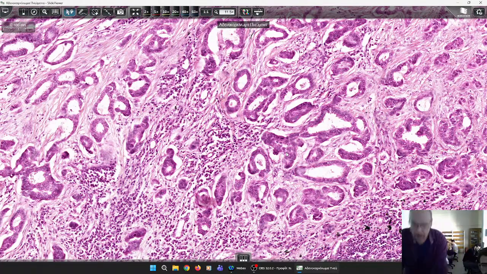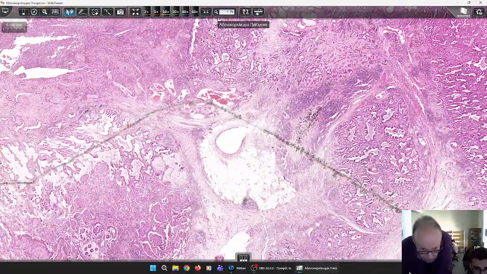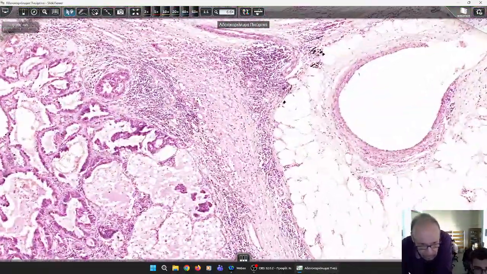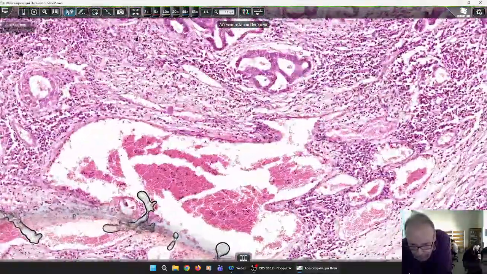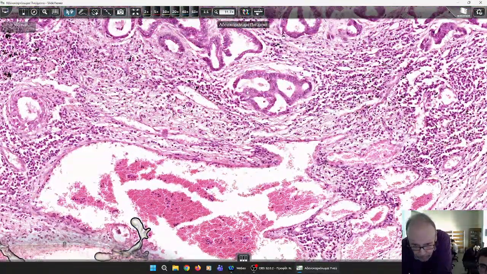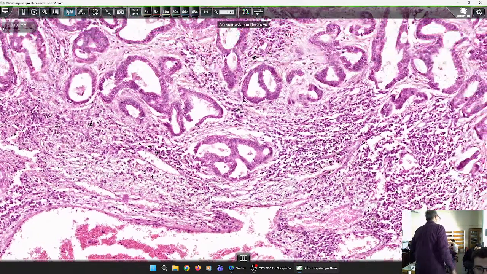There are some other areas where they form some structures, like this one. Look here. One gland. A second one, a third, a fourth. This is more complex. More complex formation, because this is cribriform, a cribriform structure.